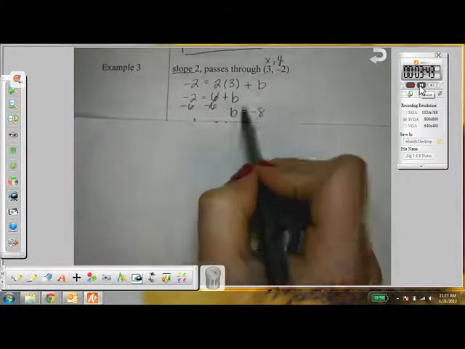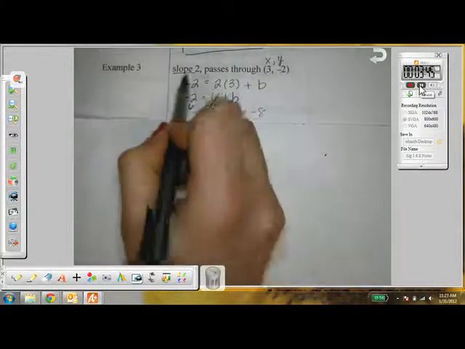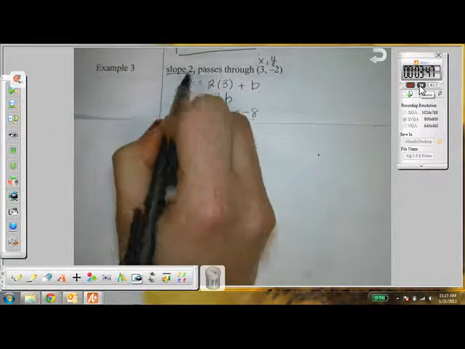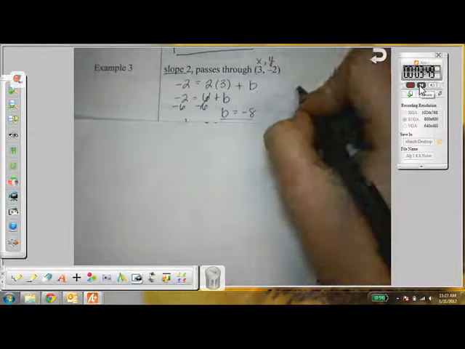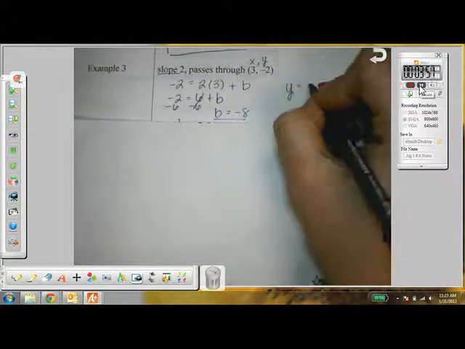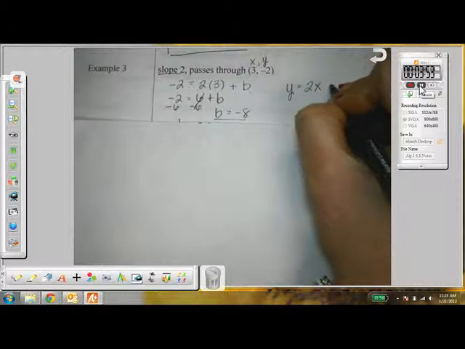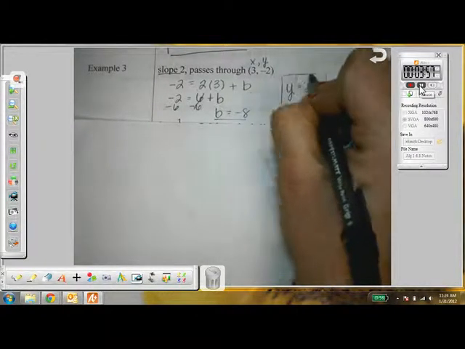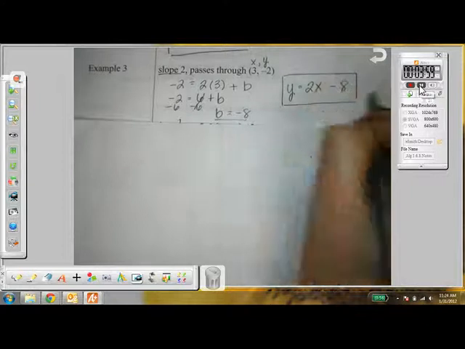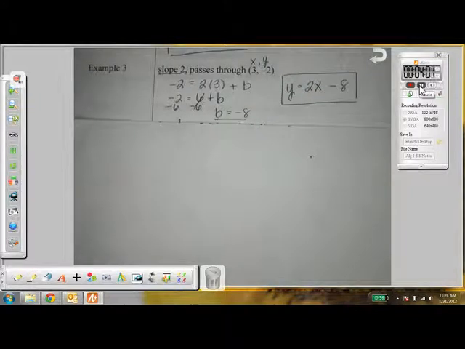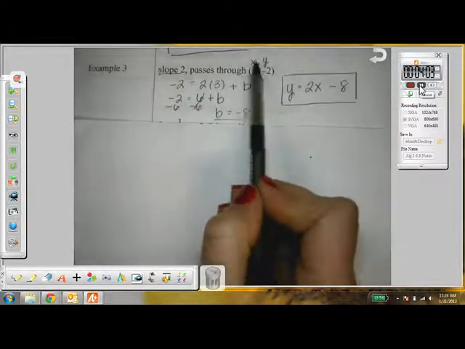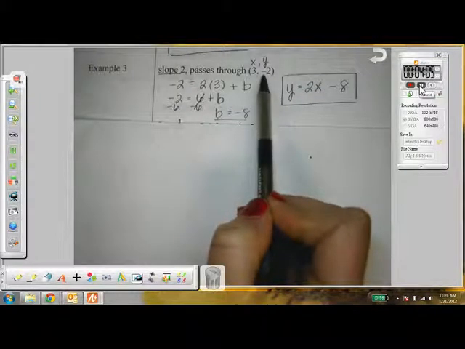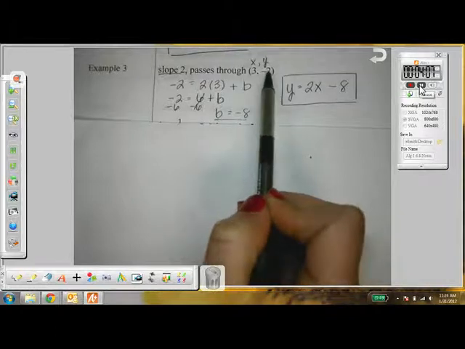Now I know what b is, and I know what slope is. So what would the equation of my line be? Y equals 2x minus 8. So that's your answer. Okay, why does this work? Because we know that the line goes through this point. So we know that this point is a solution to the equation.